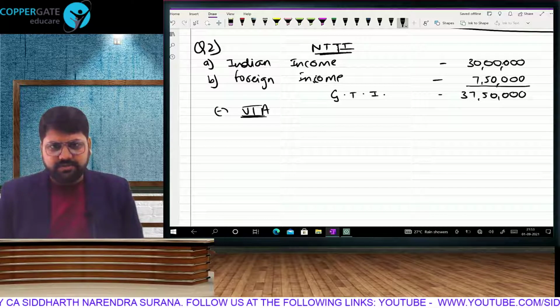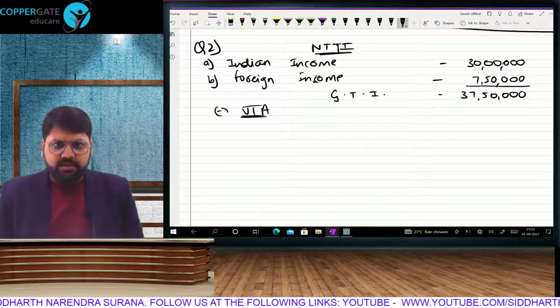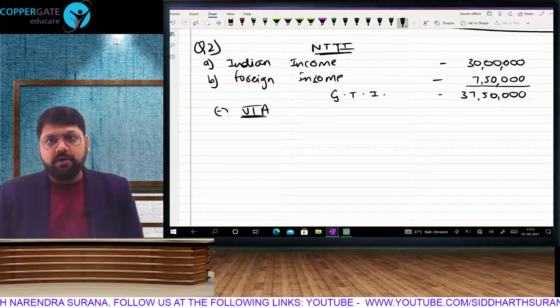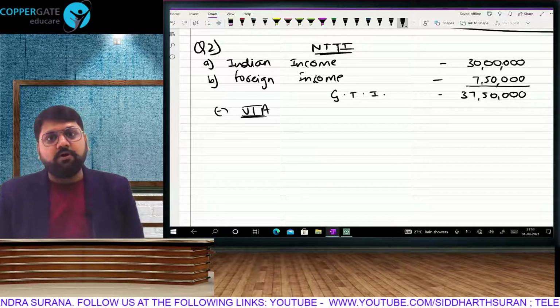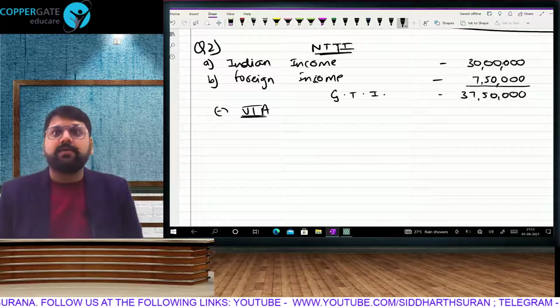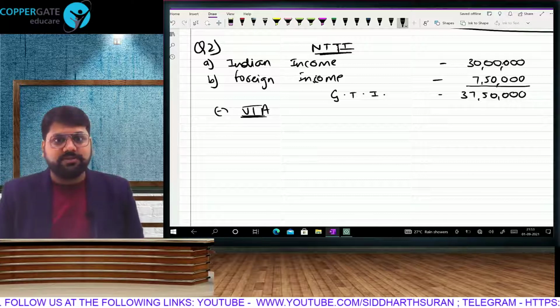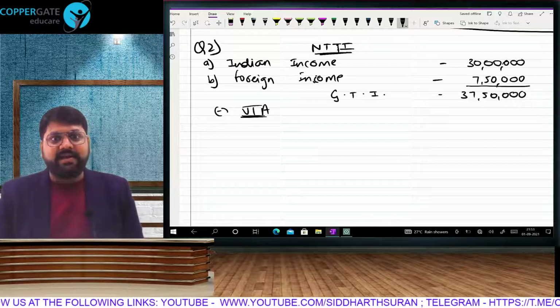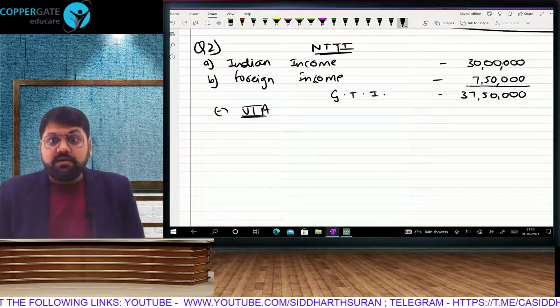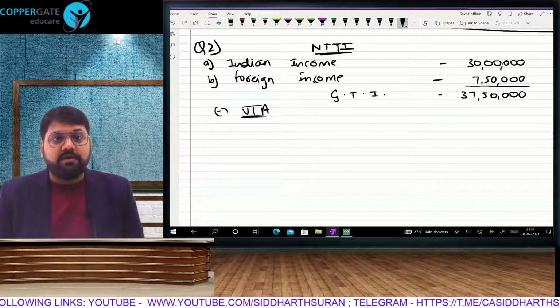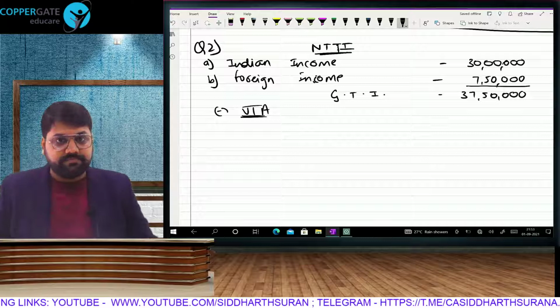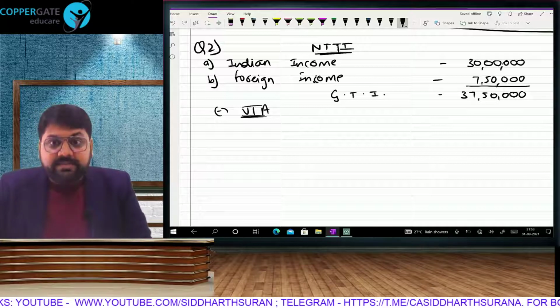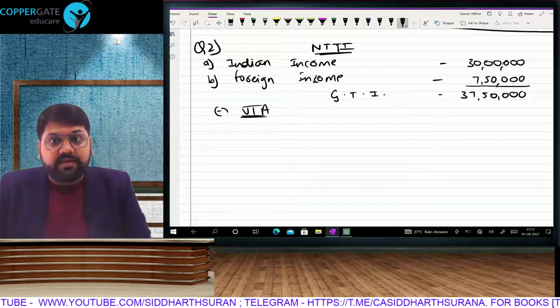Open challenge. Solve this question of DTAA without knowledge of Chapter 6A if you can. Not possible. Welcome to direct tax. Direct tax means everything or nothing.